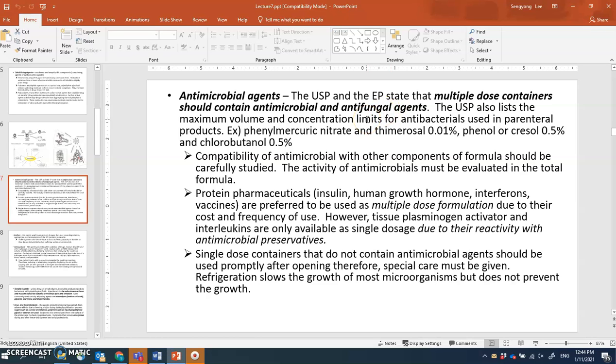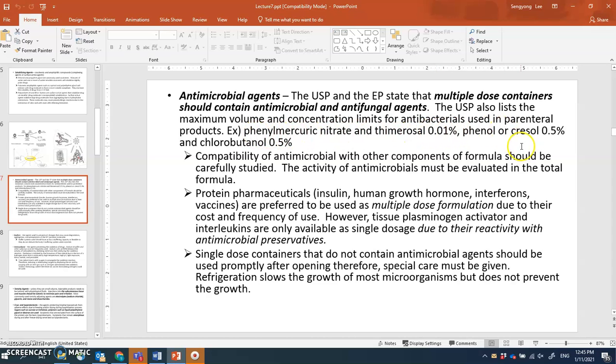Okay. Then what are those antimicrobial or antifungal agents that you can add? Examples are here. 0.01% of the total volume of your drug. You can add phenylmercuric nitrate and thimerosal. Okay, 0.01% is antimicrobial.